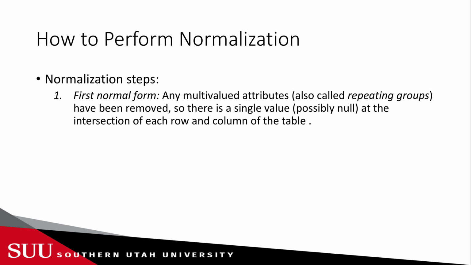We need to remove all of those so there is a single value, and this single value can be null at the insertion of each row and column of the table.